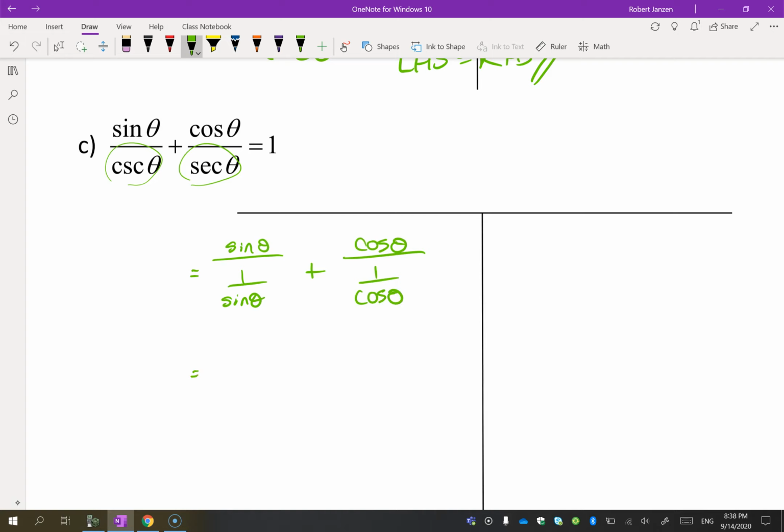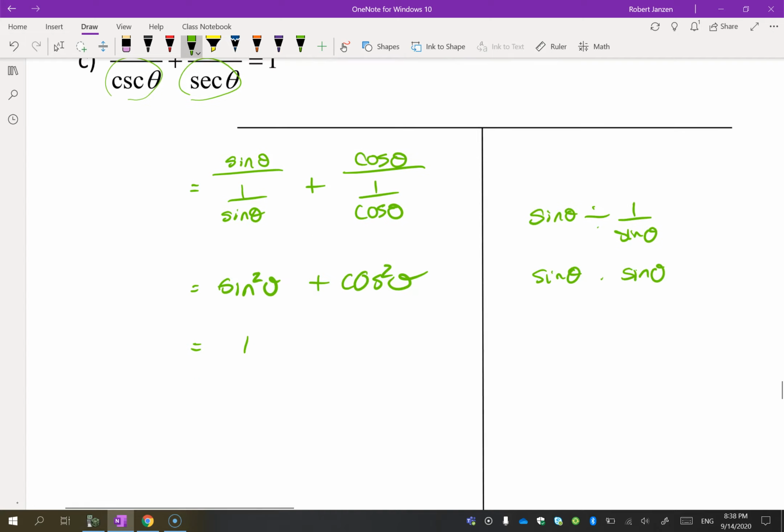So what is sine divided by 1 over sine? This is the same as sine times sine. So this becomes sine squared. And this becomes cos squared, which equals 1.